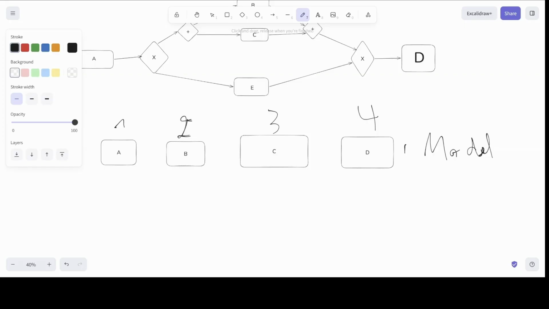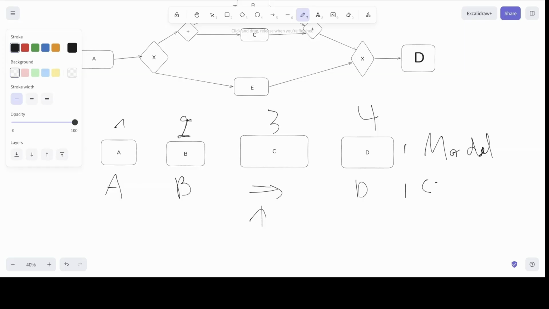And let's say we superpose our own real life trace on this possible trace from the model. So here we have A, that's normal. B, that's not a problem. Here we are skipping C, and here we have D. So the difference between our model and our real life log is 1, because here we have a discrepancy, an inconsistency.